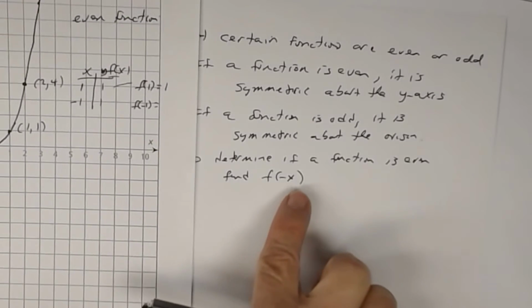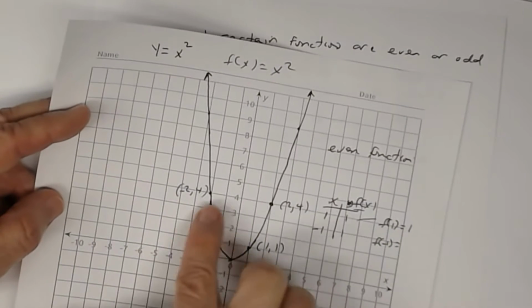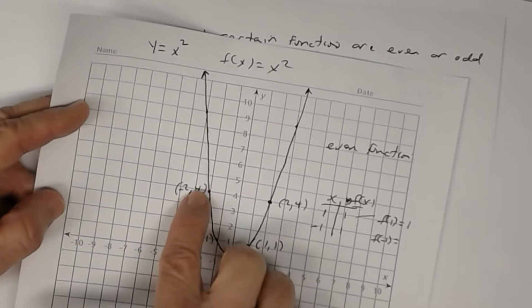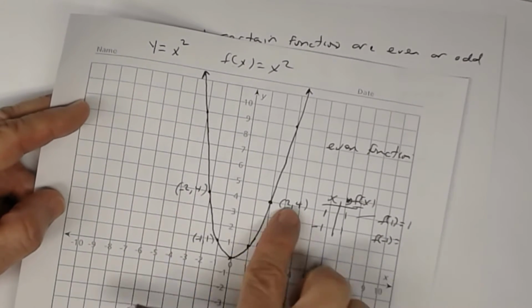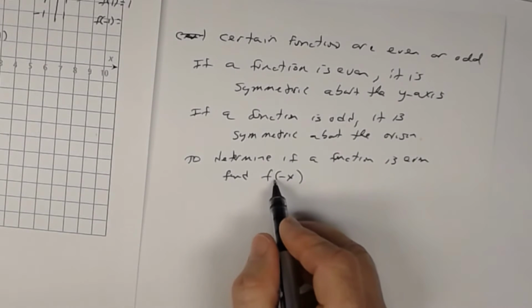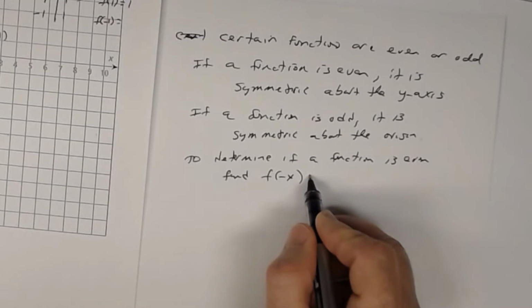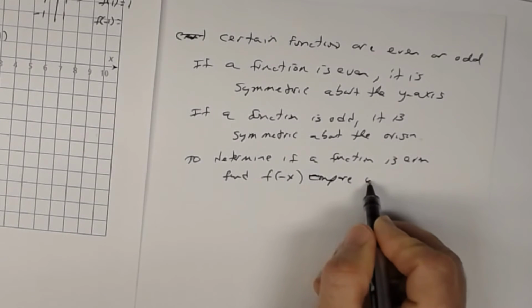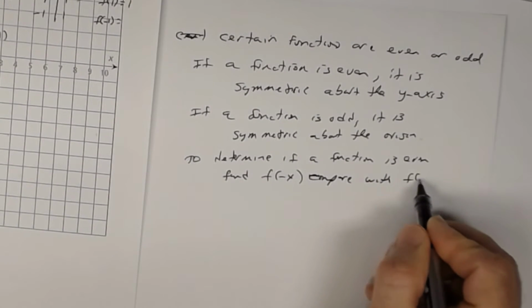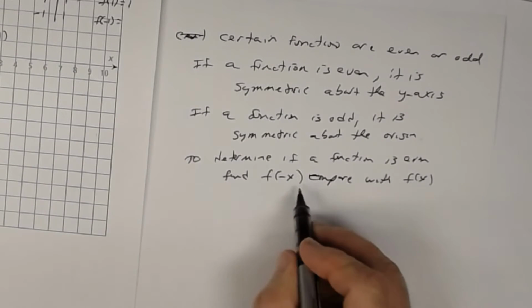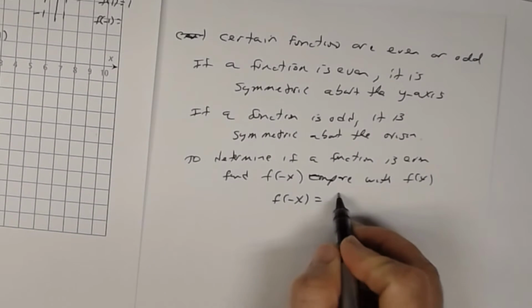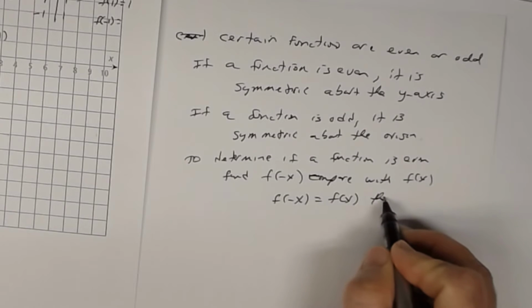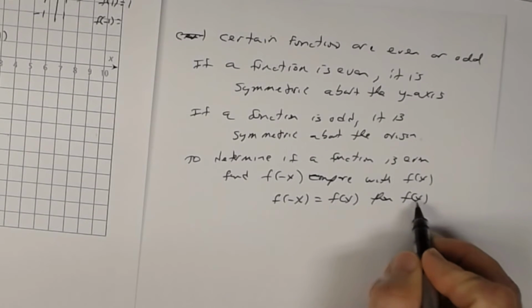And then you're going to compare that with the y value. So you're going to compare f of negative x with f of x. If f of negative x equals f of x, then the function f of x is even.